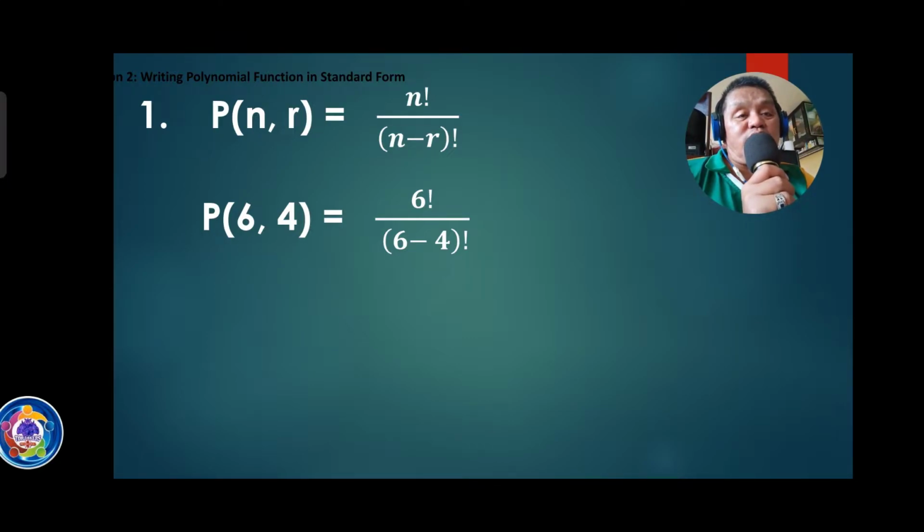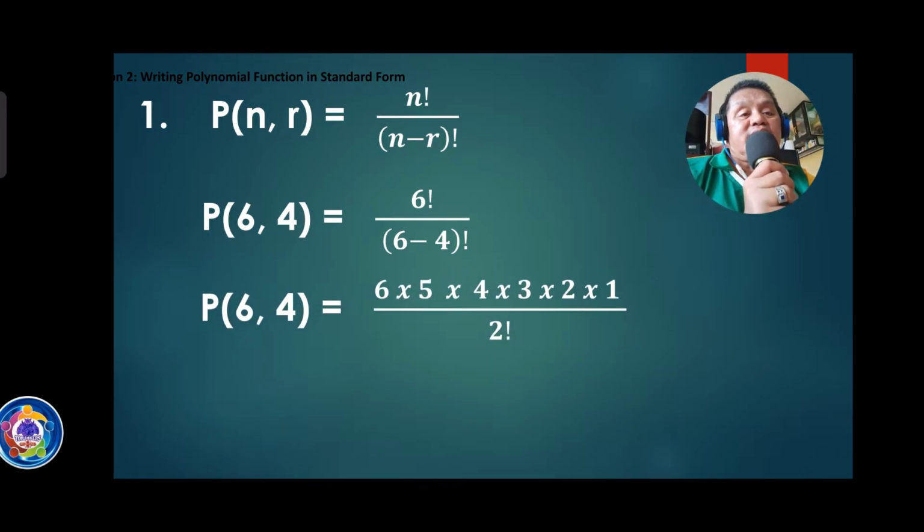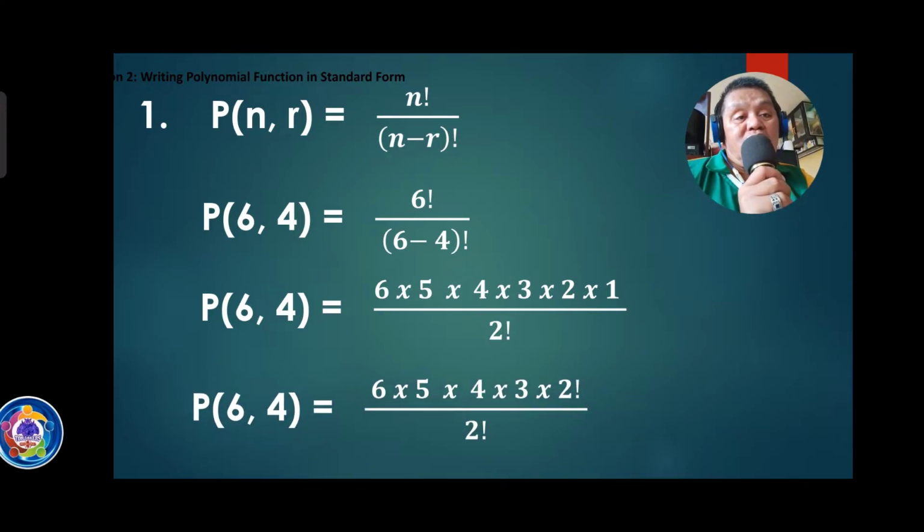What is 6 factorial in factorial notation? This is 6 times 5 times 4 times 3 times 2 times 1. And what is 6 minus 4? This is 2 factorial. So you are going to take 6 factorial down to 2 factorial, because the denominator is 2 factorial: 6 times 5 times 4 times 3 times 2 factorial all over 2 factorial.